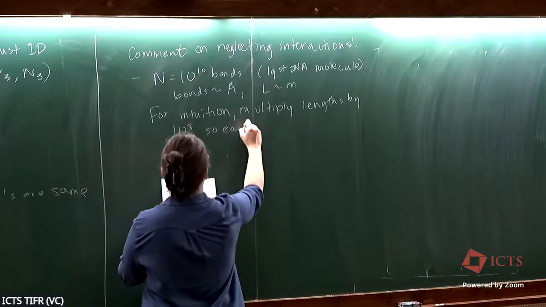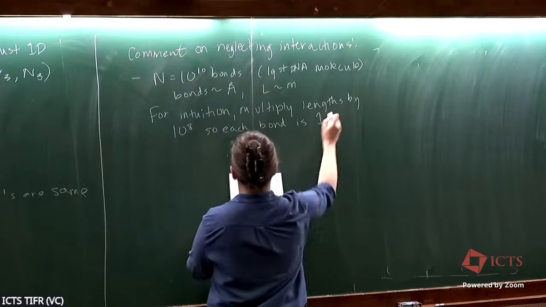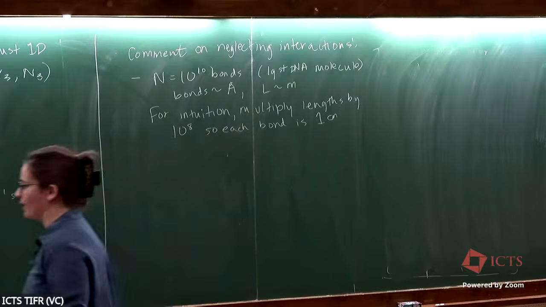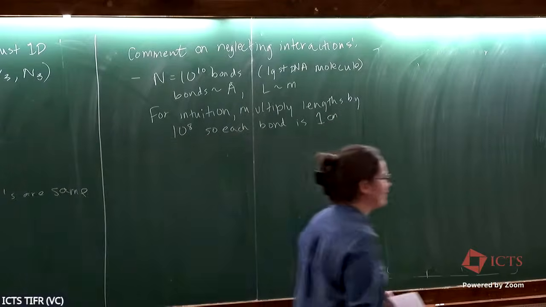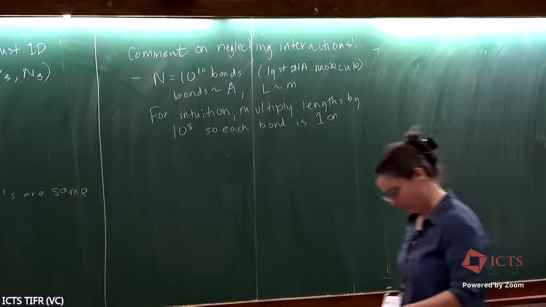So each bond is 1 centimeter. Now with this, we can consider a couple different cases and see what they mean for how big our giant macroscopic polymer now becomes.